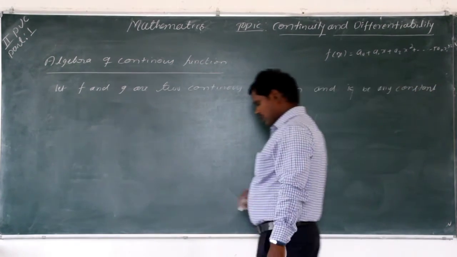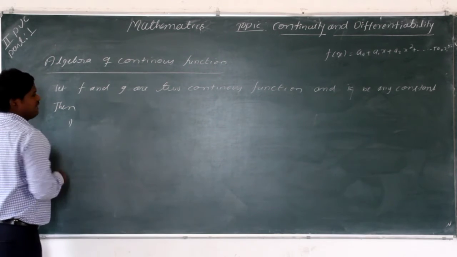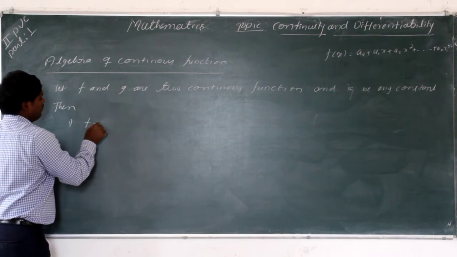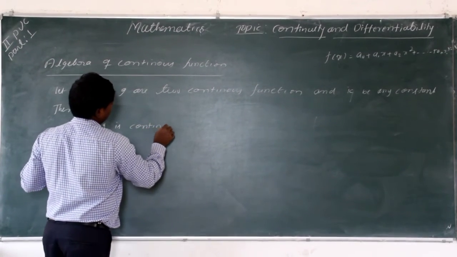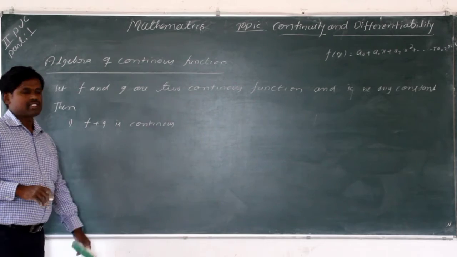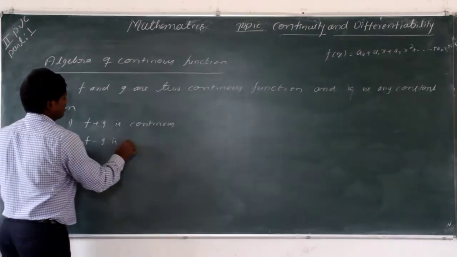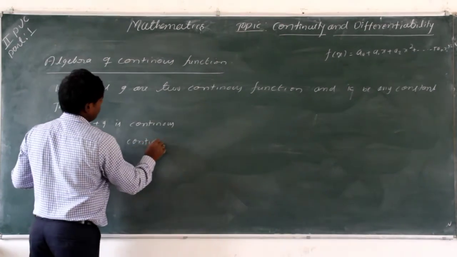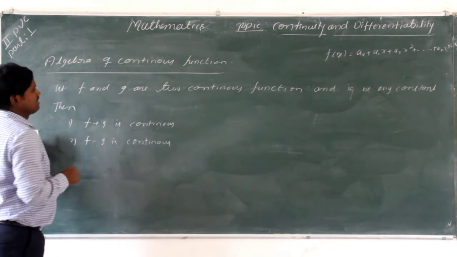Okay, so then the first one is f plus g is continuous, and second one is f minus g is continuous, at x is equal to a.